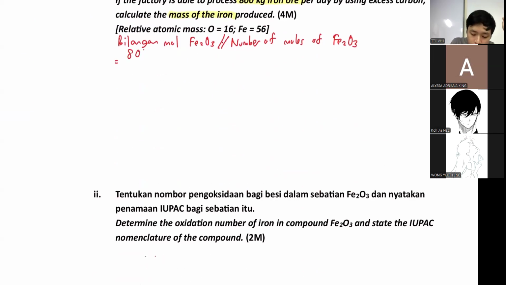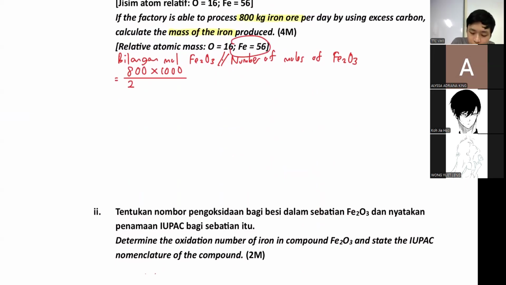So 800 multiply 1000. Molar mass is 2 times Fe, 56, plus 3O is 3 times 16. Add together. Then you will get 5,000 mole. Second step, do ratio.